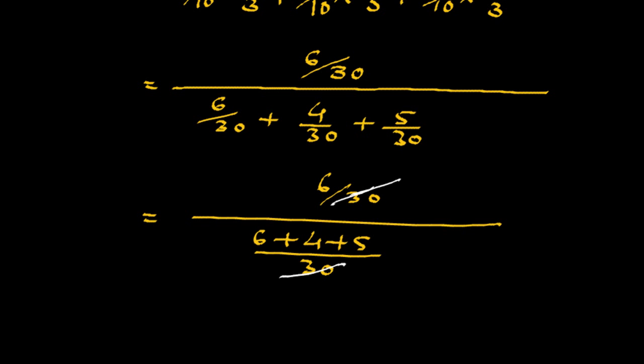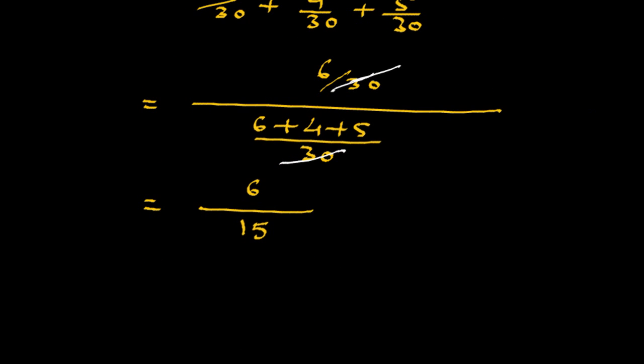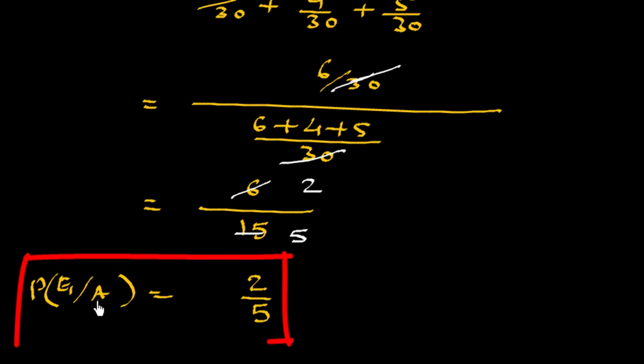Now we see it is equal to 6 over 15. 6 plus 4 is 10, plus 5 is 15. We simplify this: 3 twos are 6, 3 fives are 15. So we get here 2 over 5, which is the probability of getting a red ball which is from the first urn. So it is E1 over A that we have got here.